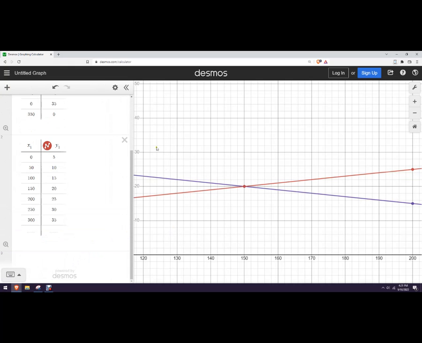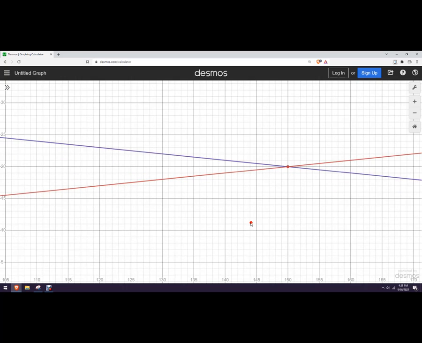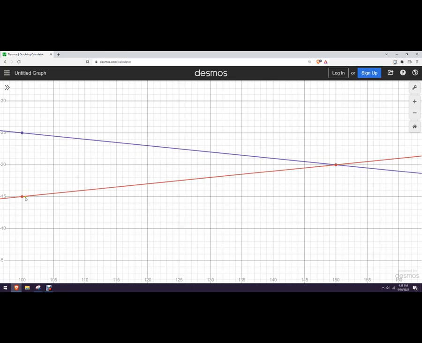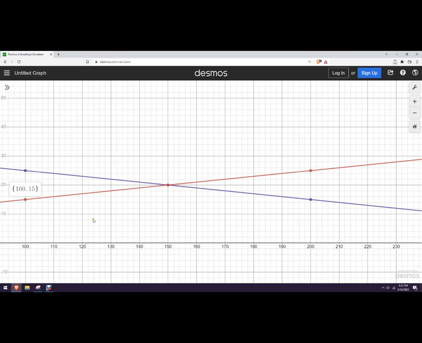And then down here, if I'm below equilibrium, then I have a higher quantity demanded than quantity supplied. In other words, the consumers want to buy more than the sellers want to sell. Okay, so here the price is 15. Okay, I got that. This is X and this is Y. So at $15, the buyers will want to buy 200, and the sellers will want to sell only 100 units.